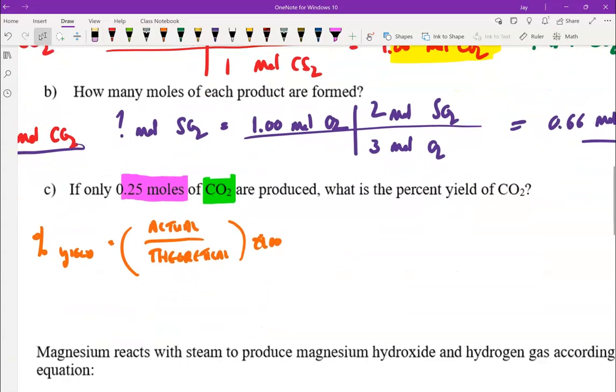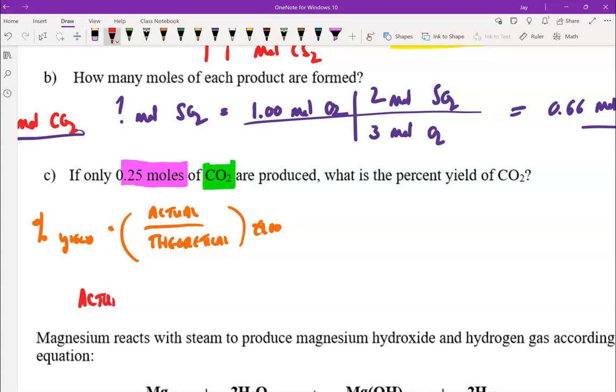So what we're going to say is this. We're only going to actually get 0.25 moles. We know we could theoretically get 0.33 moles because that's all our limiting reactant will allow.